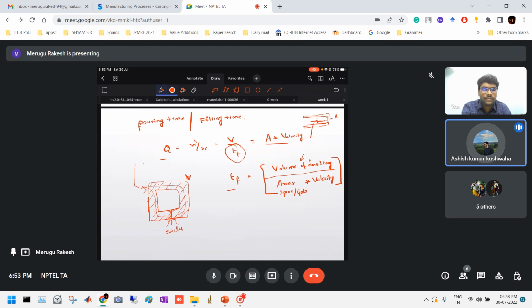Sir, how can we compensate for this defect? It is very simple. What we have to do is build a small riser here, just design one small riser behind the front. When they try to combine, the riser will provide the liquid inside.